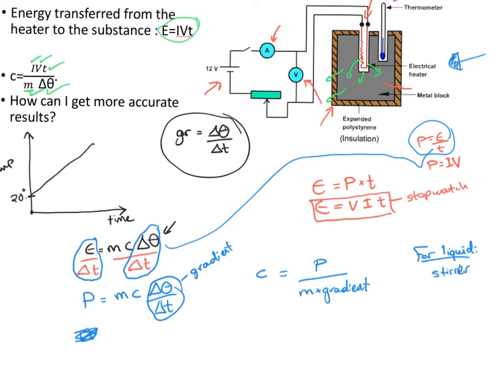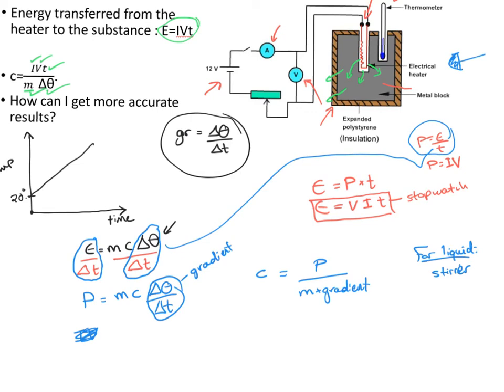And that's to ensure that you have even temperature around the liquid at all times, because as you know, you have convection currents, so you have hot water rising and cold water taking its place. So you need to make sure that it's very well mixed each time that you take the measurements.